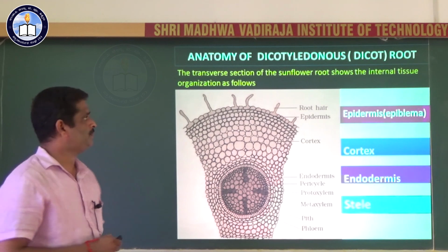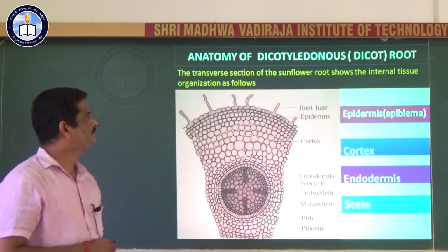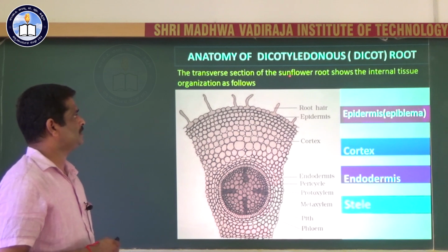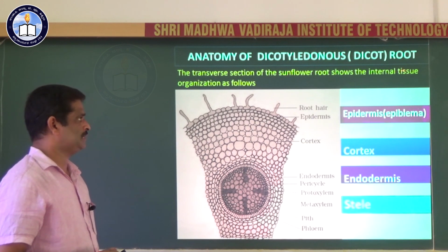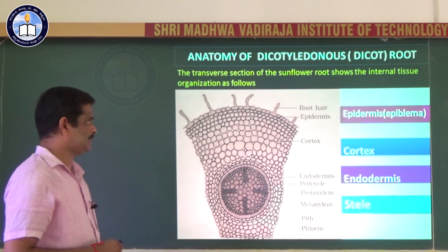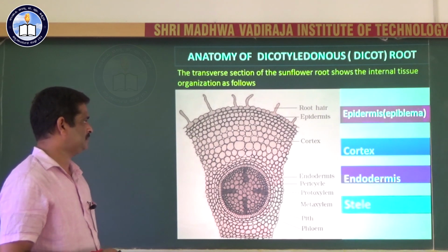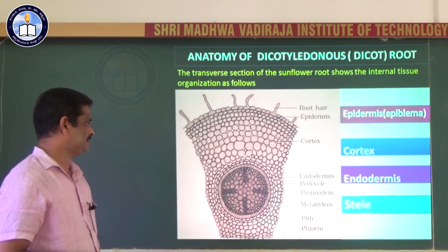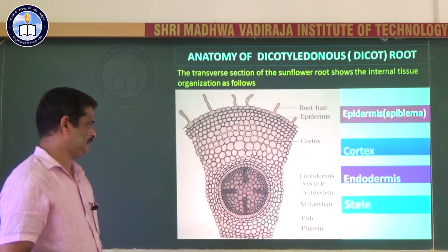Let's study the anatomy of the dicotyledonous root. The transverse section of sunflower root shows the internal tissue organization as follows. It consists of the outermost epidermis, then the cortex, endodermis and the stele.